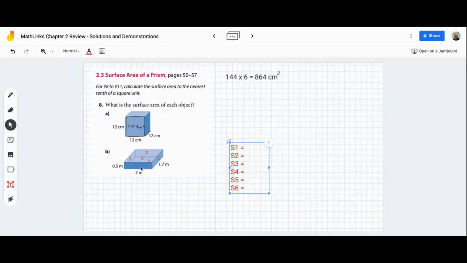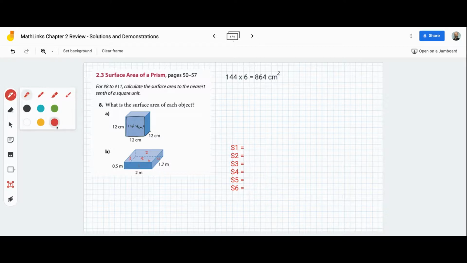So side 1, we've got a shape. Remember, our process here is height times base, or length times width. The terms aren't terribly important as long as you take the 2 sides of the rectangle. So we've got 0.5 times 2.